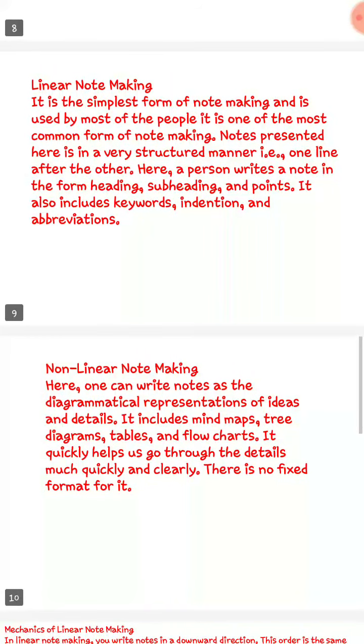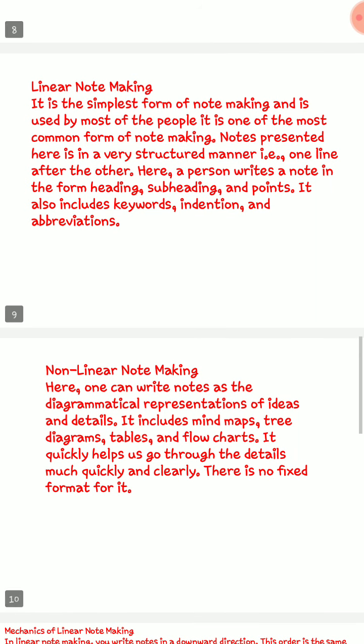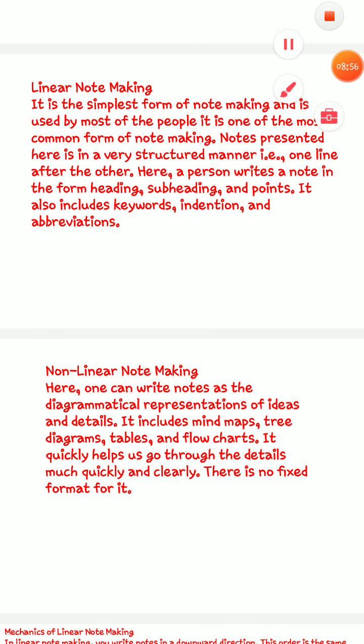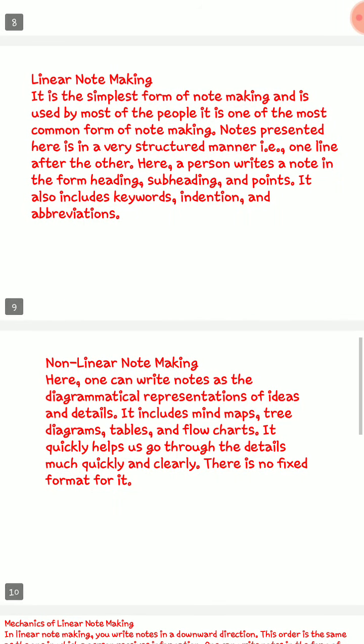Now the important thing is that note making is of two types. One is linear and one is non-linear note making. So what is linear note making? It is the simplest form of note making. It is used by most people. It is one of the most common forms of note making, and we will follow the linear note making process.